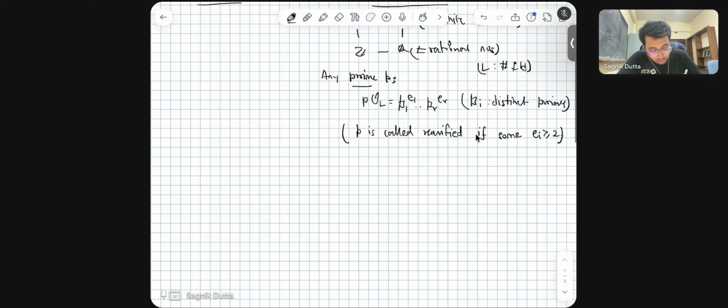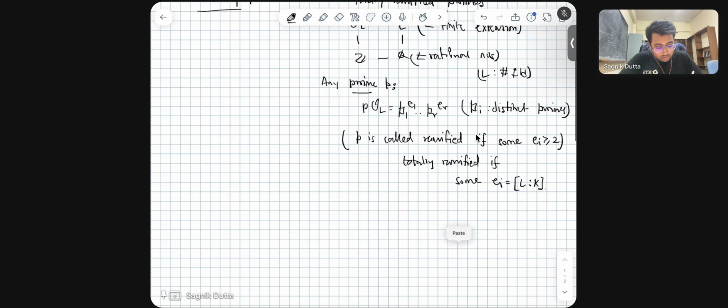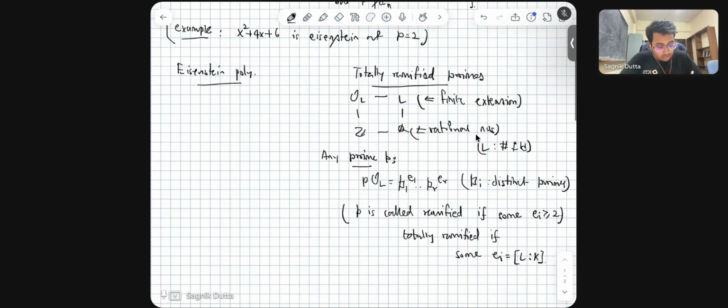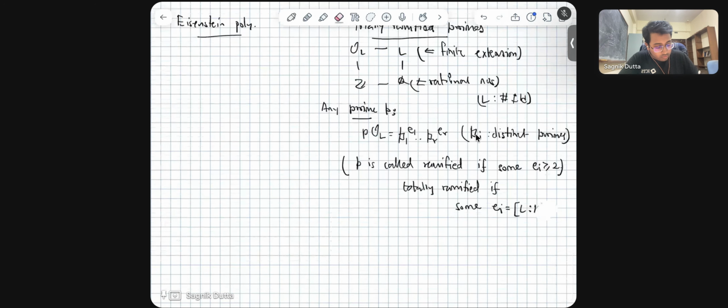And it's called totally ramified if some ei is equal to the degree of the extension. In this case, clearly, say p1 repeats as many times as the degree of this extension, call it q. Then p1 is the only prime that will occur in this expression.